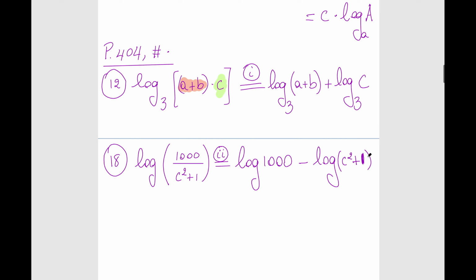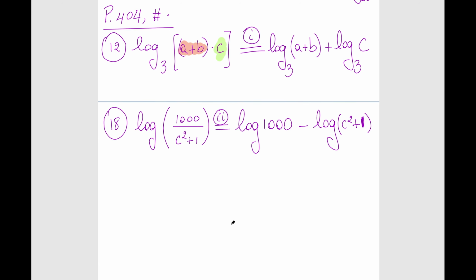Okay. Now this guy over here, log base 10 of 1000. Well, 1000 is 10 cubed. So that's the same thing as log base 10 of 10 cubed minus log of c squared plus 1. And what is this? Remember here the base is 10.